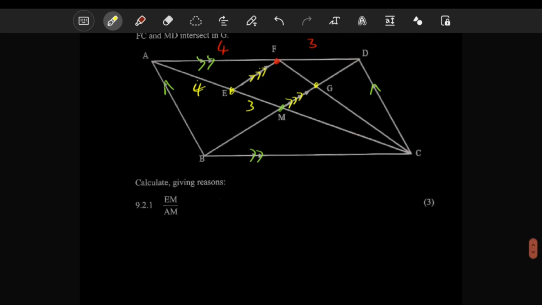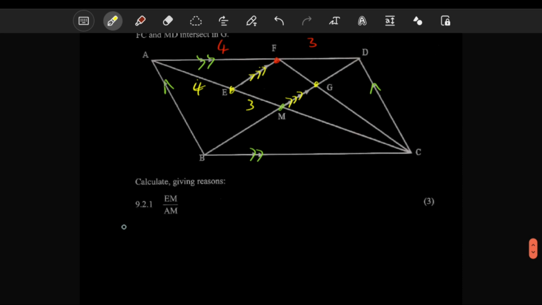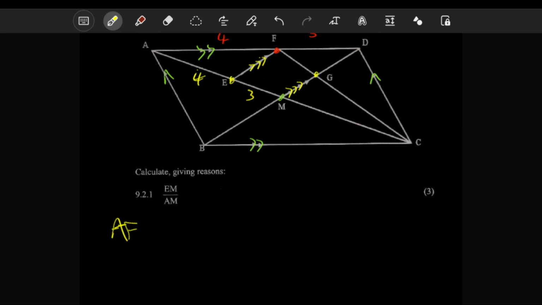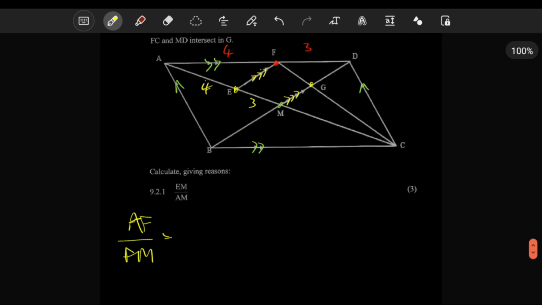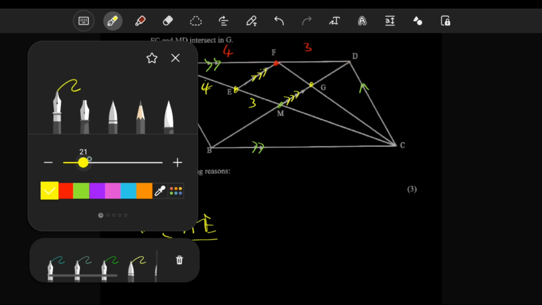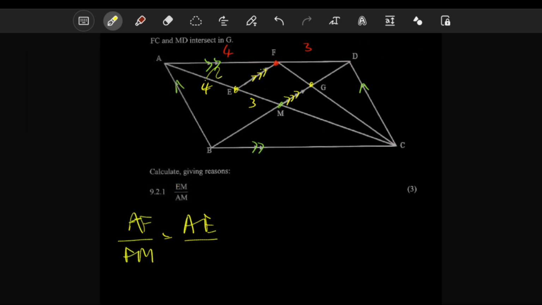To do that, do you want to write AF first or FD first? It really doesn't matter, but let's write AF first. So here we can write AF over FM is equal to AE over EM, which is technically 4/3.